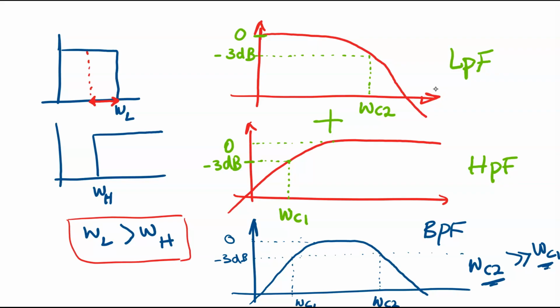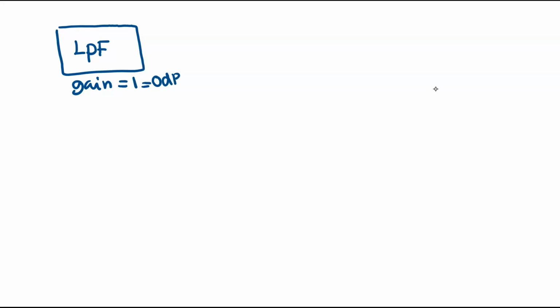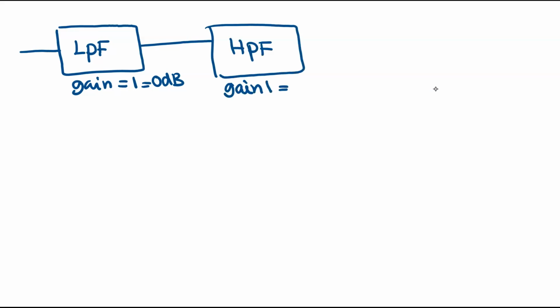In order to see how it works, I would like to draw and analyze the circuit of a bandpass filter, which is the result of cascading a low-pass and a high-pass filter. So to make my bandpass filter, I would like to have a low-pass filter with a gain equal to 1 or 0 decibels, cascaded with a high-pass filter with a gain equal to 1 or 0 decibels.